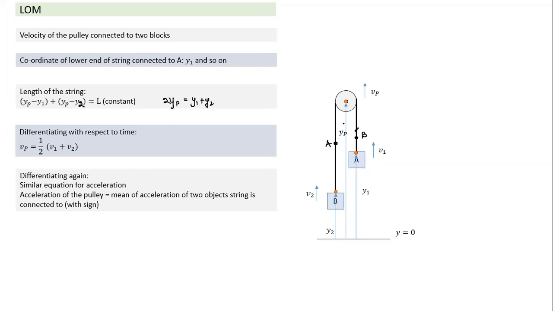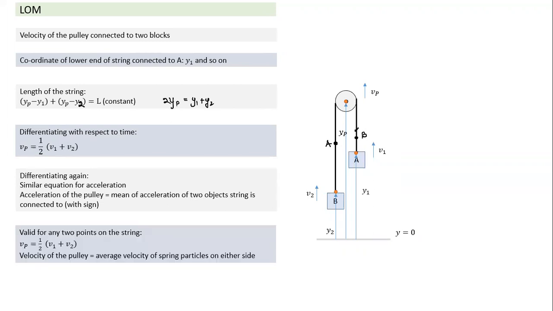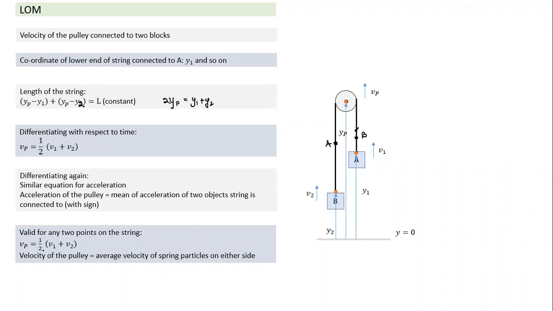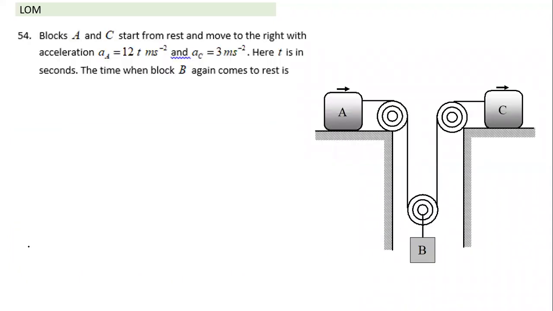Velocity of the pulley is the average velocity of string particles on either side, one on this side and one on this side. Whatever relationship exists for velocity, the same relationship exists for acceleration also.